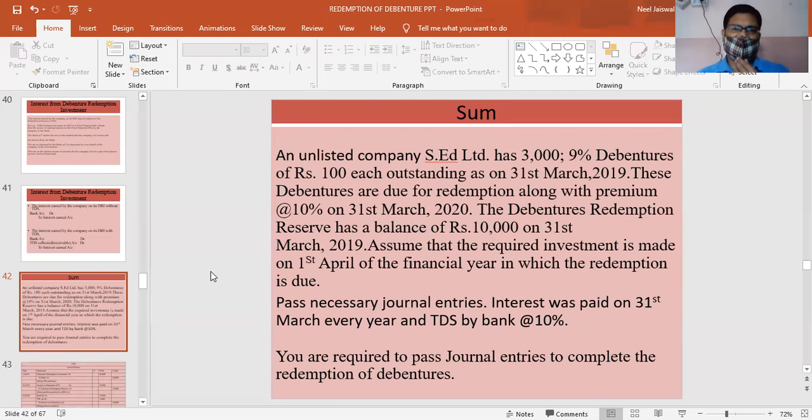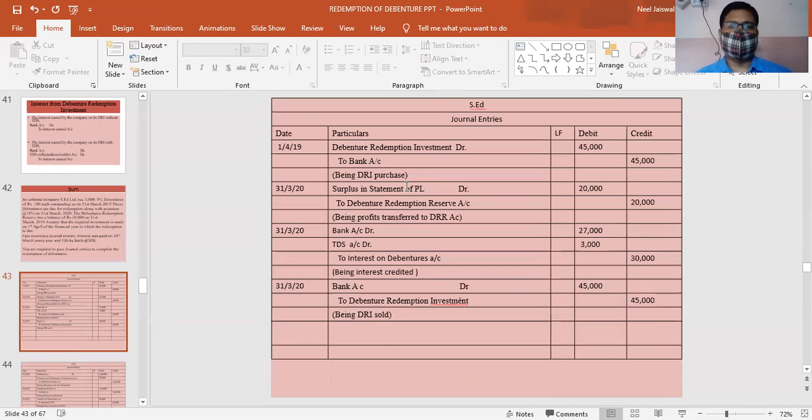So in the books of Asset Limited, first of all, on 1/4/19, we have created the DRI. Debenture Redemption Investment Account debit to Bank, 15% of 3 lakhs. 3 lakhs how? 3,000 into 100, remember?